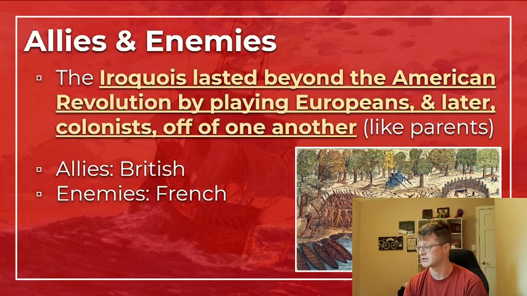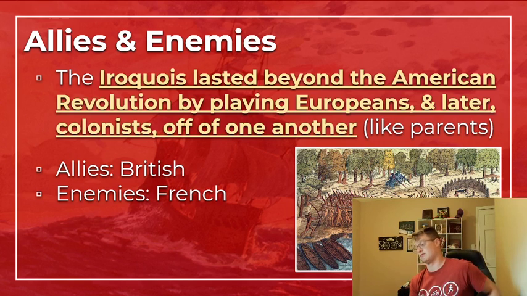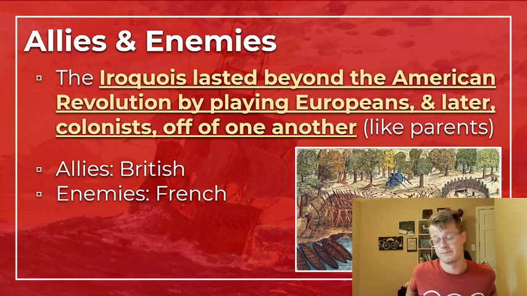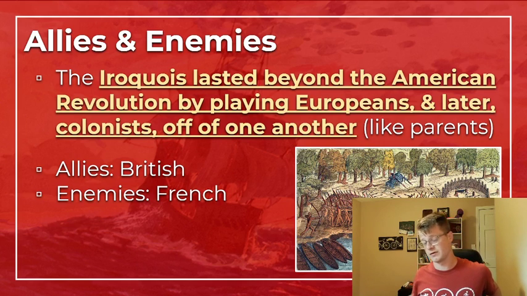Allies and enemies. This is something you need to understand about really most Native American groups when Europeans show up. Broadly speaking, and again we're talking early history here, one of the ways they played for political power was by aligning themselves with certain European groups when they showed up, and then playing against other European groups.